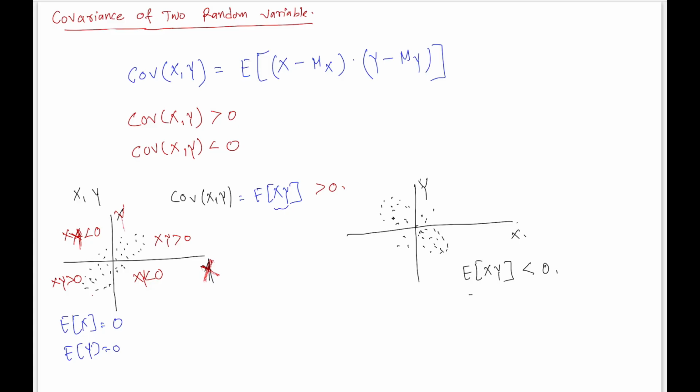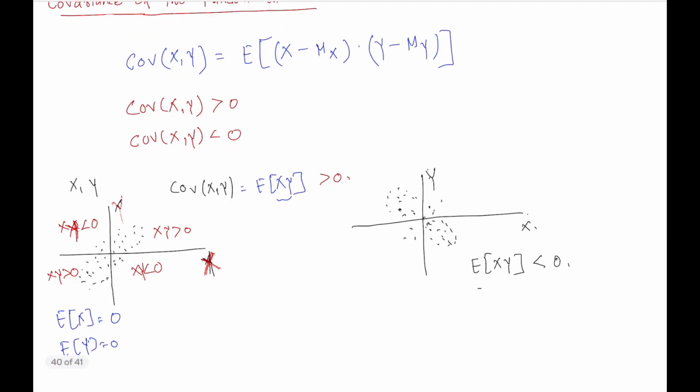This is also the covariance, and this is the special case where we have assumed that the means of the random variables x and y are 0, so the covariance turns out to be the expected value of the product of the random variables. And in general this is how we have defined the covariance, right?